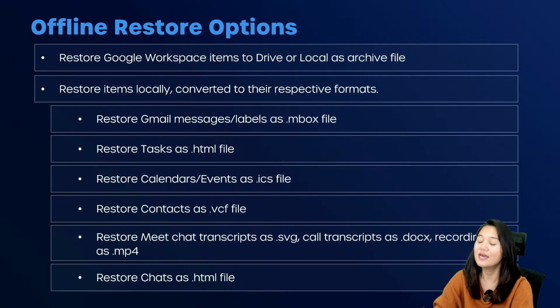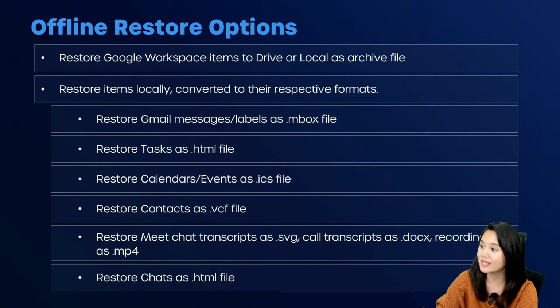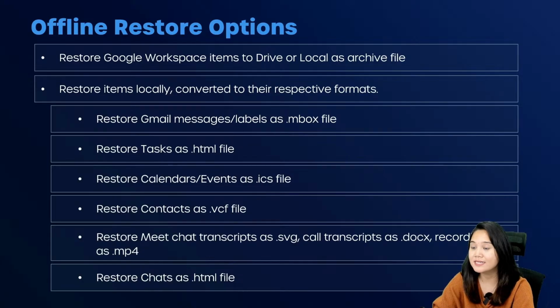Meanwhile, Google Meet data are restored as MP4 for call recordings, SVG for chat transcripts, and docs for call transcripts. No matter what data you need, Ahsay makes sure it is not only protected but also restored in a format you can use right away.